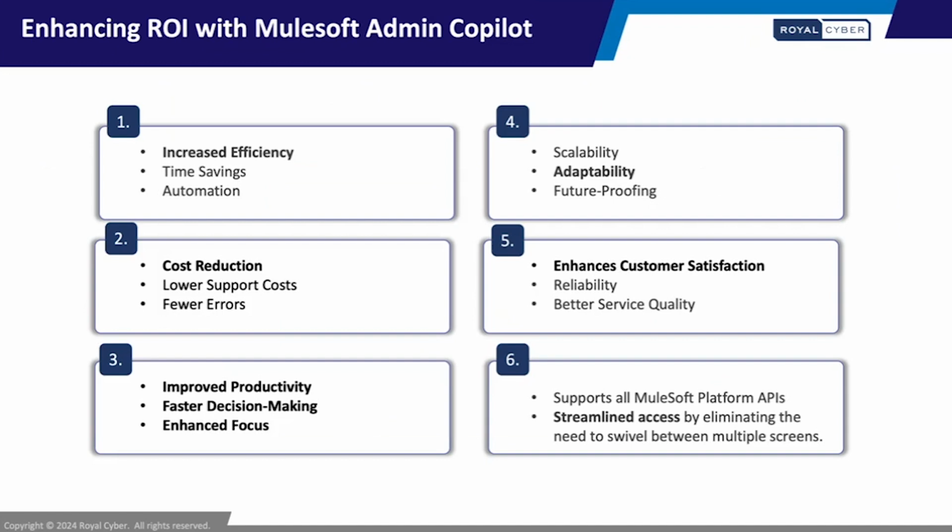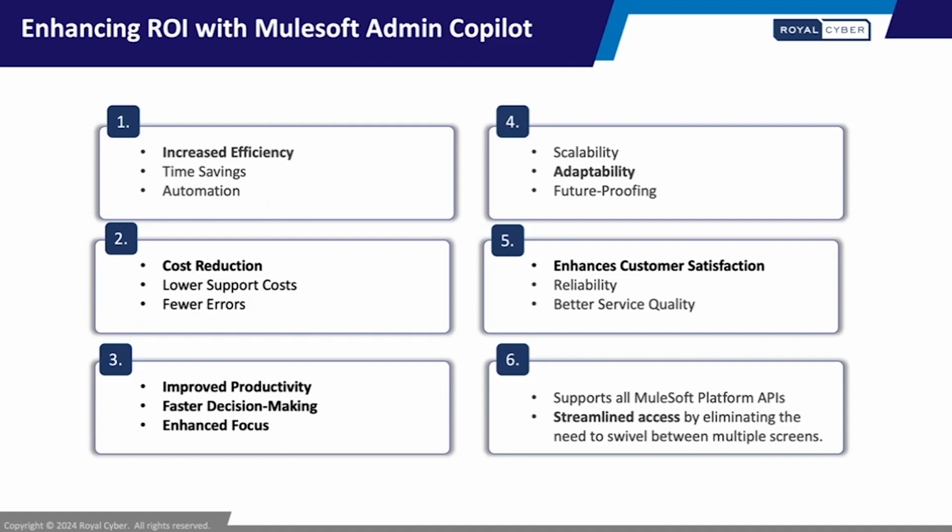Now, on enhancing the ROI with MuleSoft Admin CoPilot, number one, it increases efficiency. It will help you save time, drastically reducing the time developers and managers spend on troubleshooting and information retrieval.